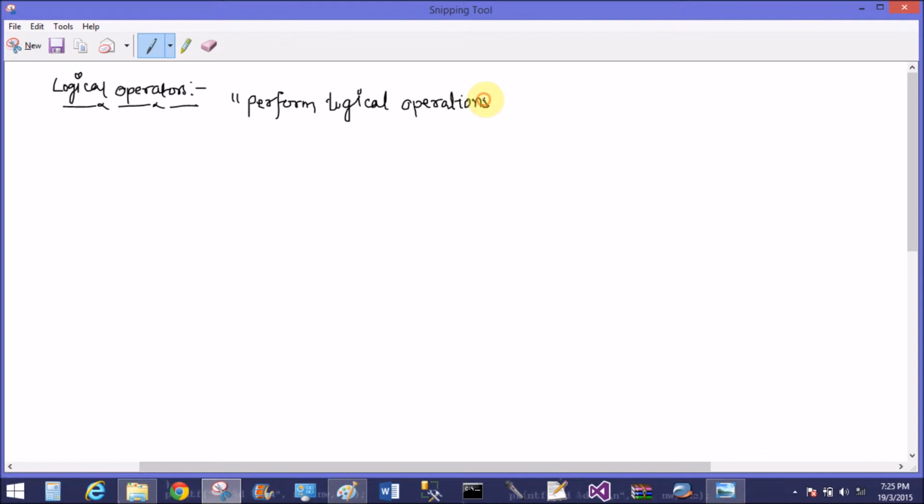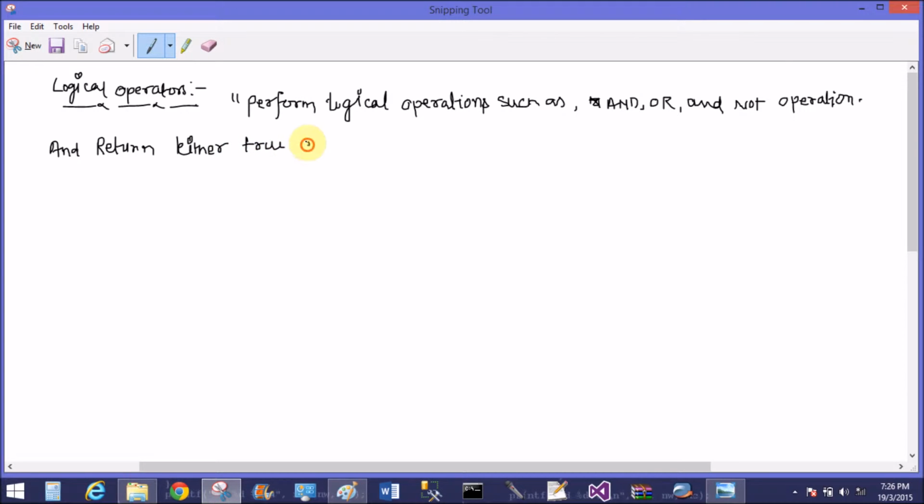Perform logical operation such as and, or, not operation, and return either true or false value.